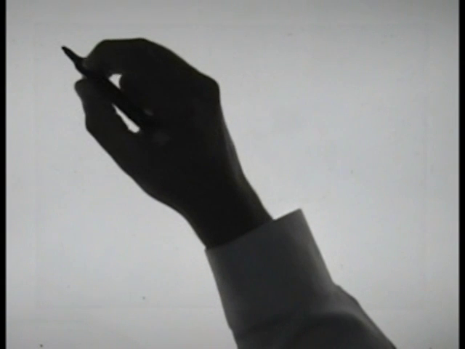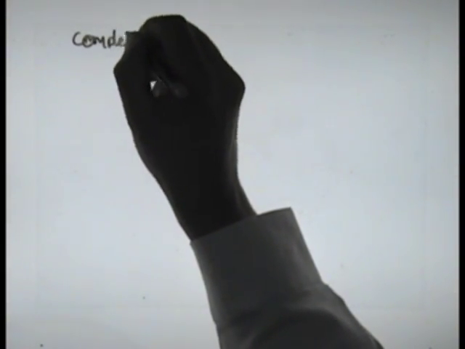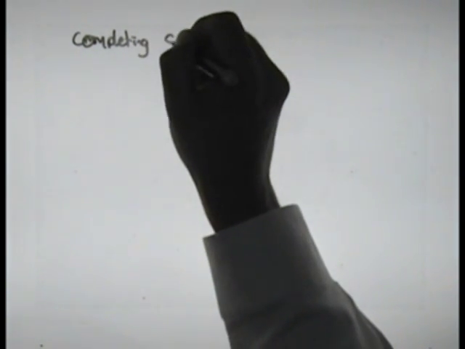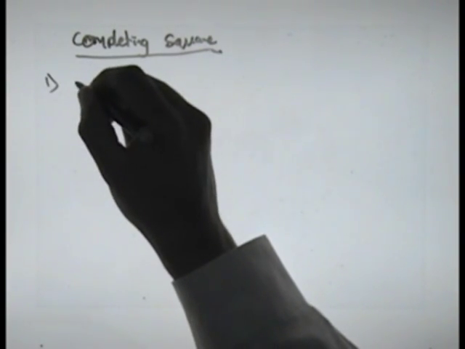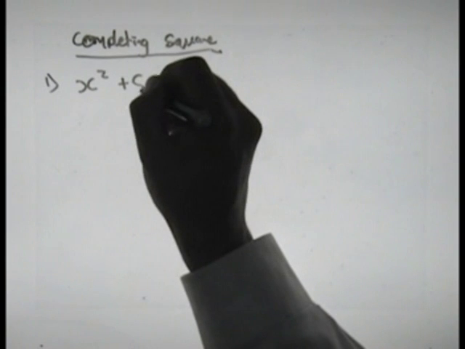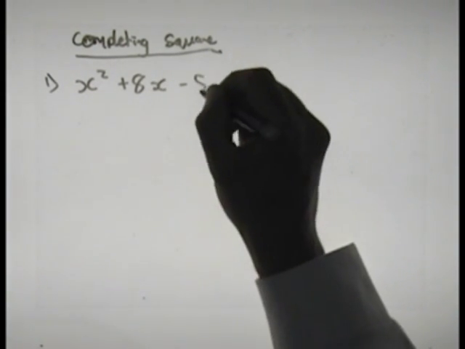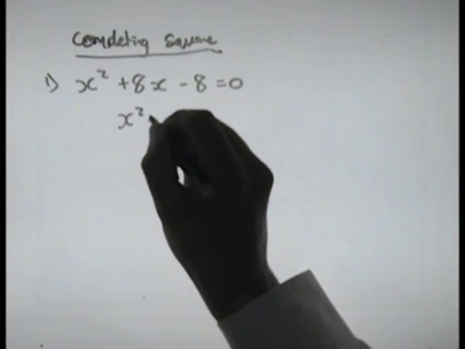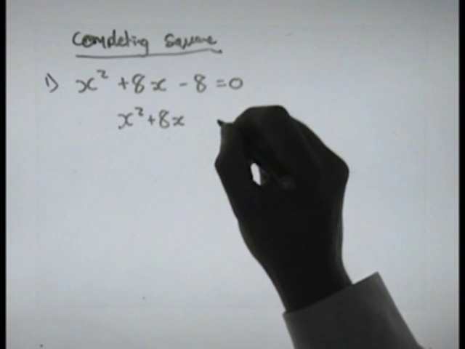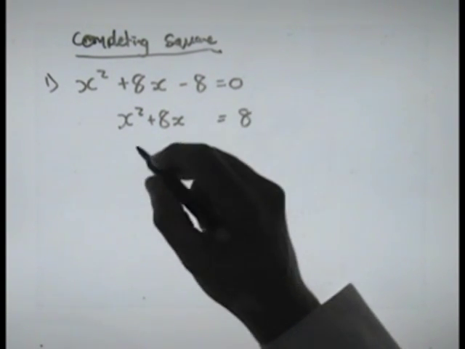Welcome back. The first 5 I gave you were completing the square. The first one read x squared plus 8x minus 8 is equal to 0. I'm going to start by making this x squared plus 8x is equal to positive 8.